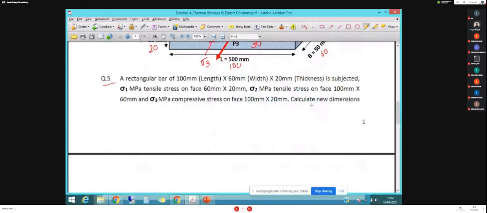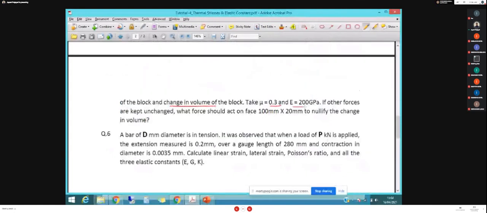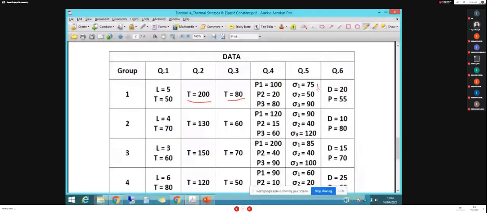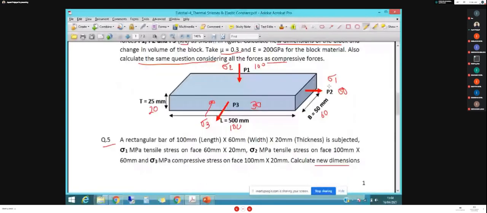Mu is given, Poisson's ratio is given. Okay, and the values of sigma 1, sigma 2 and sigma 3 are given here: 75, 50 and 90. So sigma 1 is 75 mm, sigma 2 is 90 mm, and this will be 50 mm.